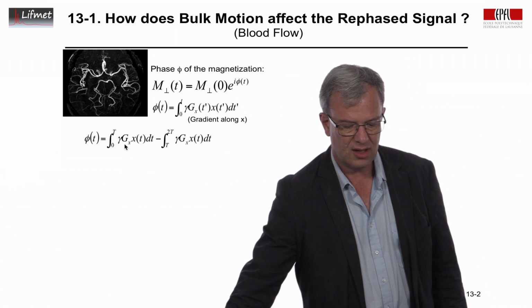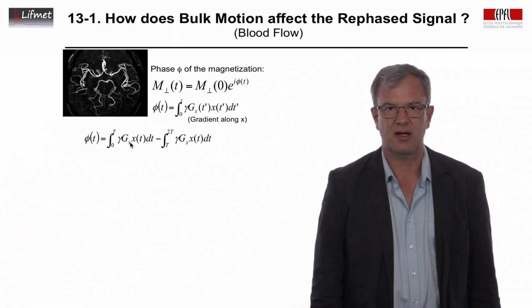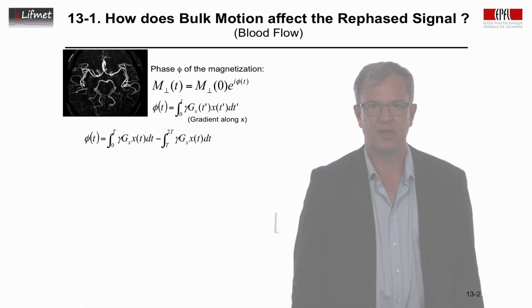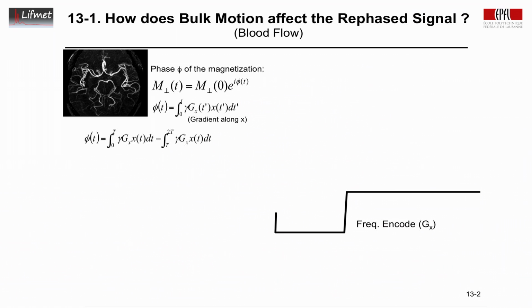So we are depicting an experiment where the gradient is first positive, and then at time T switched to a negative value. It doesn't make a difference what the sign is here, whether it is negative first and then positive. The sign is really not important. So this is the gradient along x. What we see is the phase evolution as a function of time at time 2T, given by this expression, where small t equals big 2T.